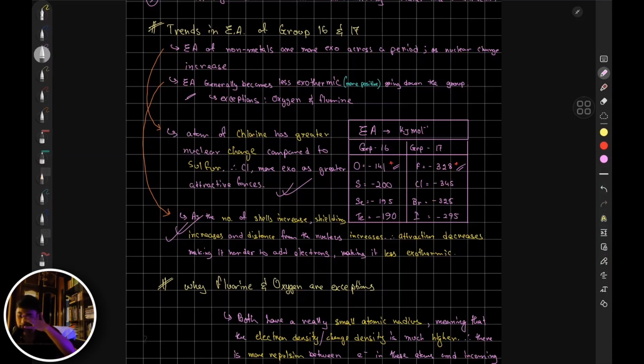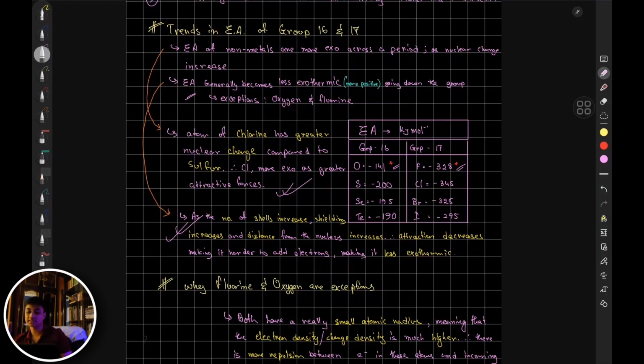So, in that case, shouldn't oxygen and fluorine release the maximum amount of energy? Because the distance between the nucleus and the outermost shell is the least, plus the number of shells is the least as well. So shouldn't they attract the electrons easily and release more energy?